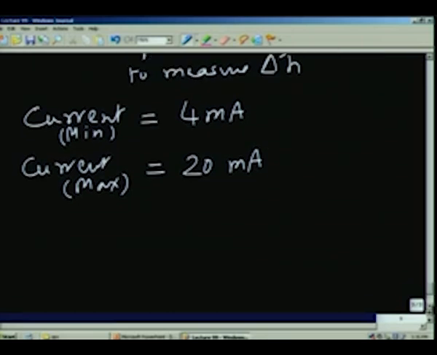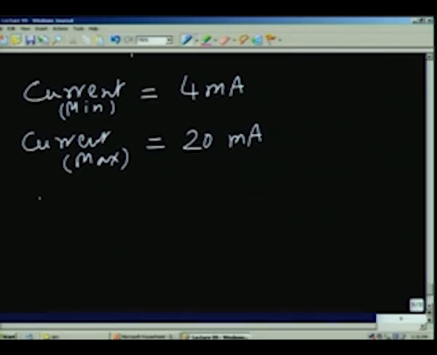We can simply use Ohm's law to calculate the corresponding voltage values.